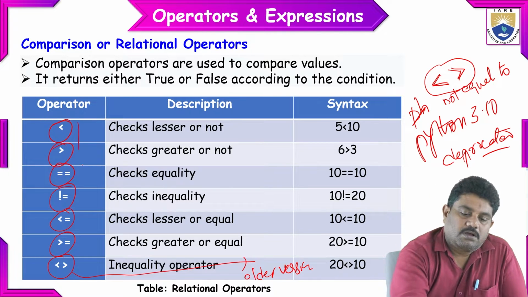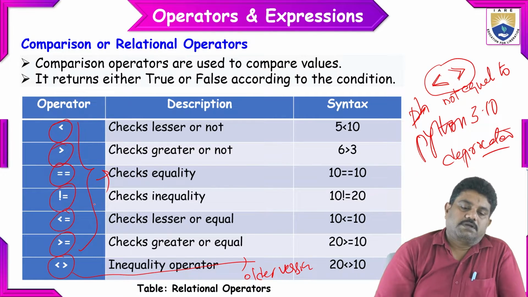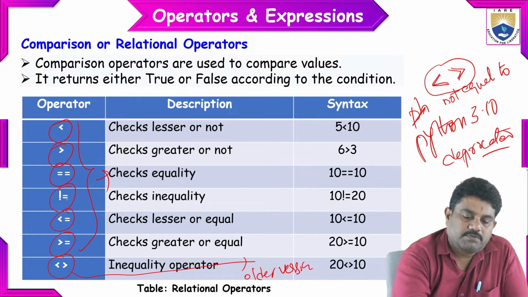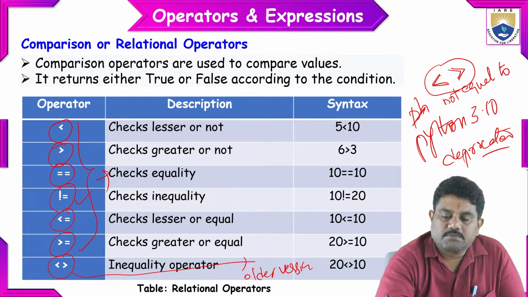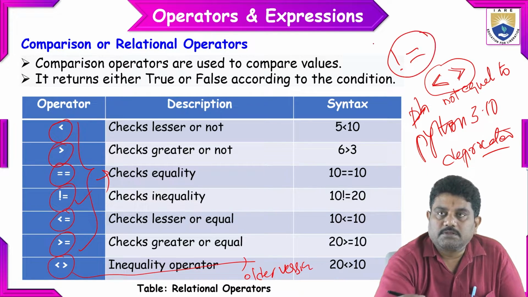For not equal to, nowadays we use the not symbol and equal to.